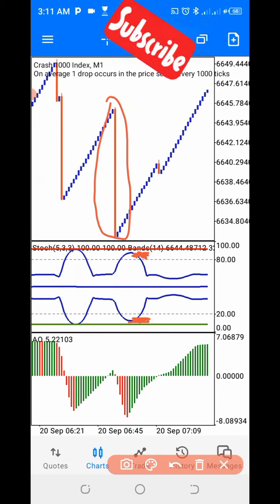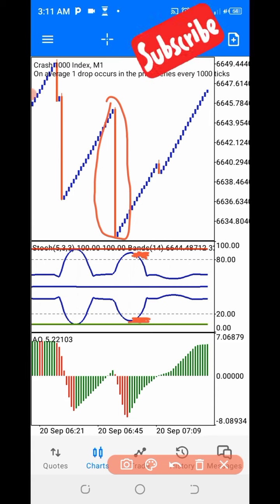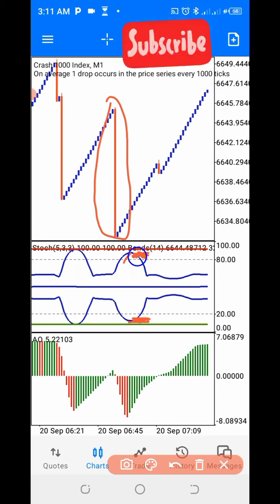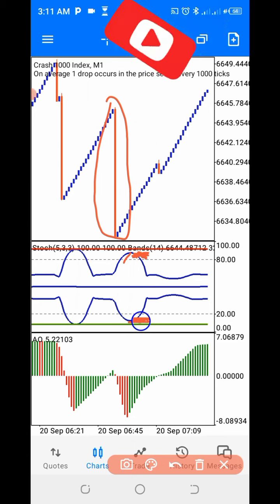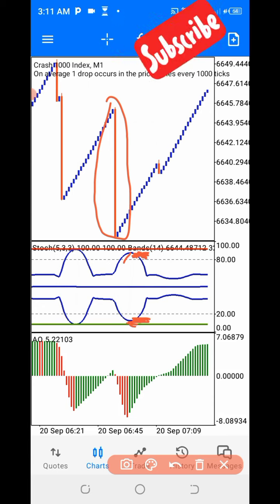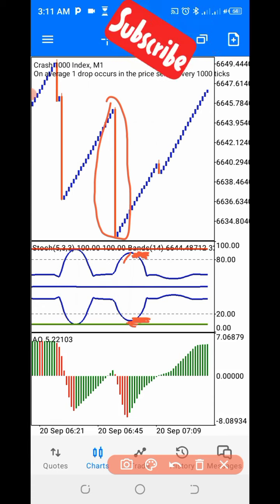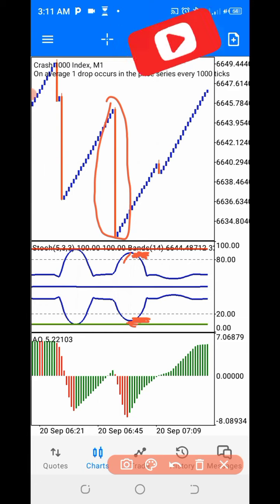Before that, you cannot think of it. So once you have a spike like this and our Bollinger Band opens up, whichever way it opens up, it must touch. Since this is a scalping strategy, on Crash 1000 we're going to be buying, and on Crash 500 and Crash 300 as well.